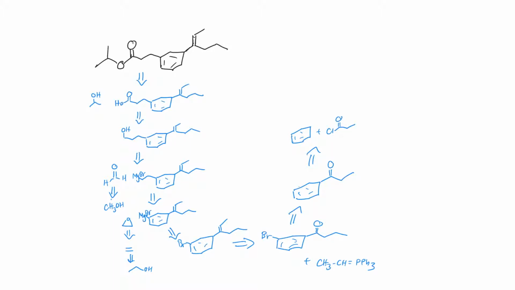I can make the acid chloride from pentanol. Oxidation to the carboxylic acid, turn it into the acid chloride. So let's go forward. I'm going to use purple this time. I can do that with H2CrO4 and water.